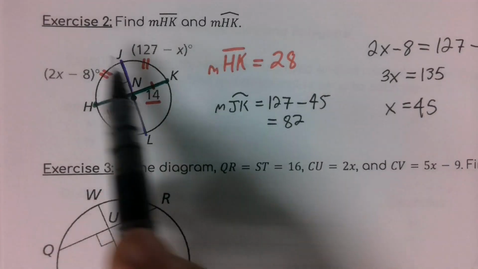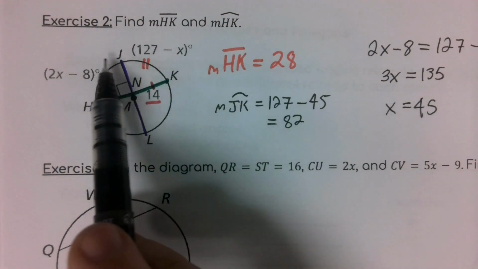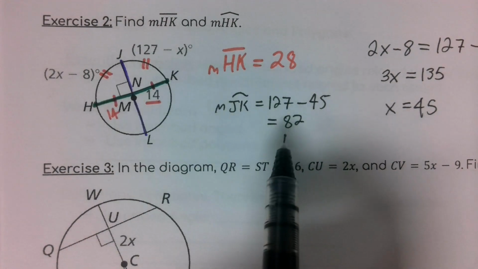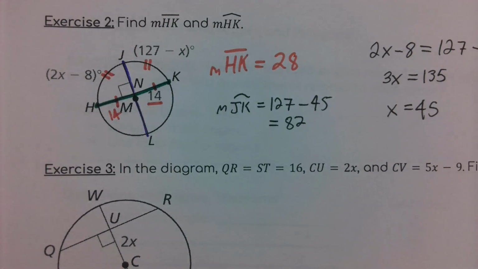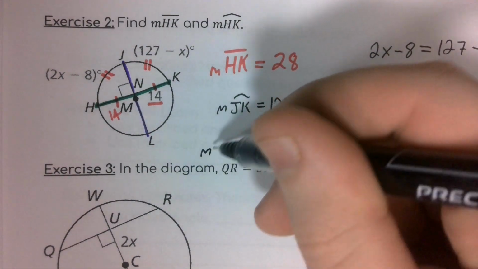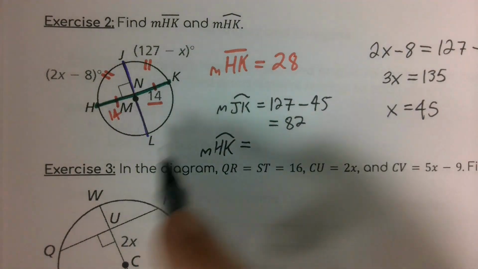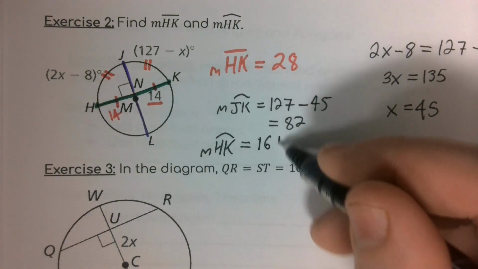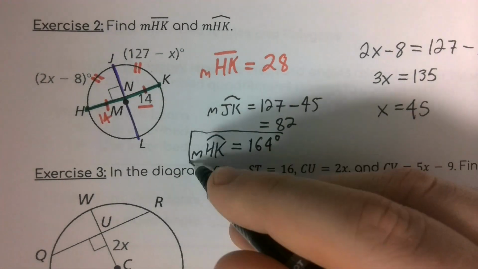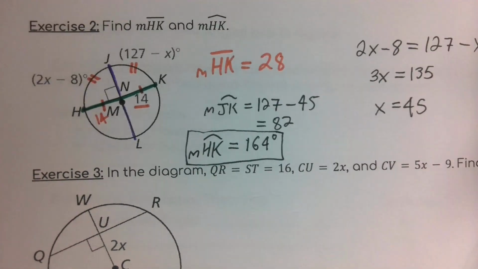Now remember, arc JK is half of the arc we're trying to find. So if half the arc is 82, what's the full arc? Well, we just multiply that measure by 2. 2 times 82 gives us 164 degrees. Very nice.